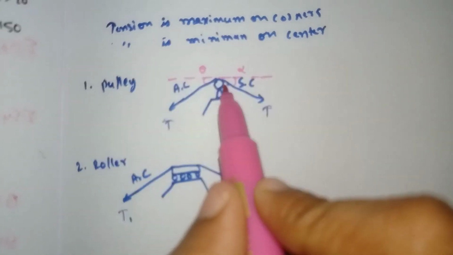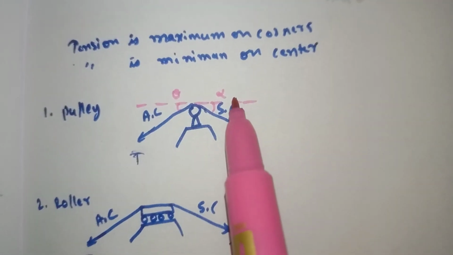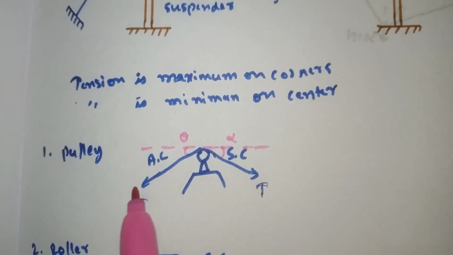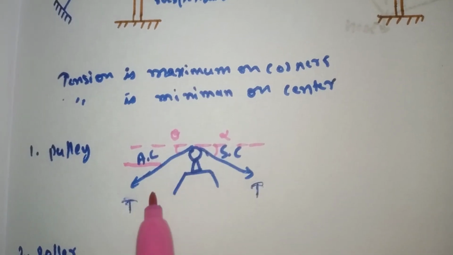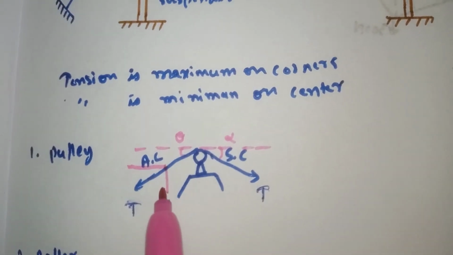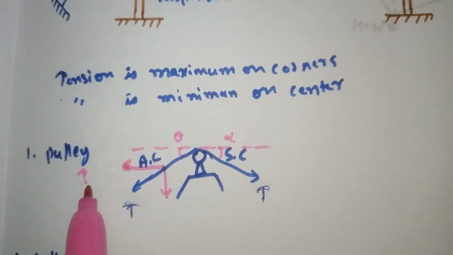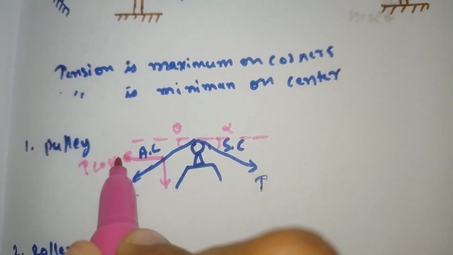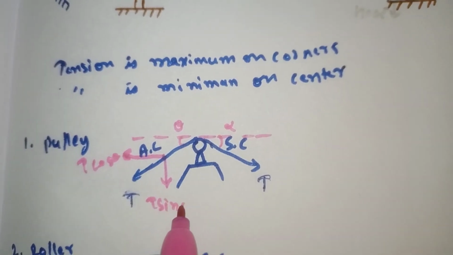Because the two angles are different, I'm calling them theta and alpha. The one with the angle has the cos term, and the other has the sin term. So that is T cos theta and here T sin theta.